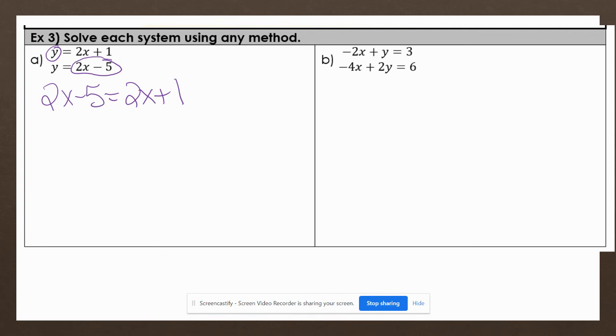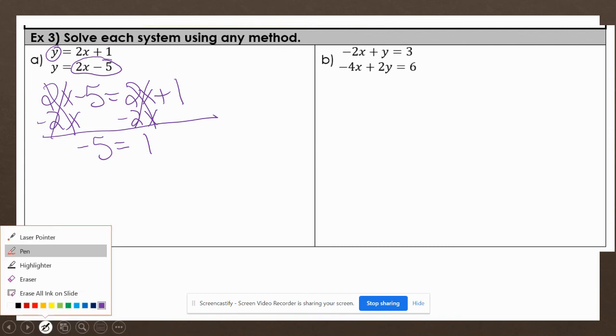I'm going to get my x values together. The opposite of a positive 2x is a negative 2x. 2 minus 2 is 0. X is not there anymore. I have that negative 5 that I'm bringing down. 2 minus 2 is 0. X is not there anymore, and I have this 1 coming down.